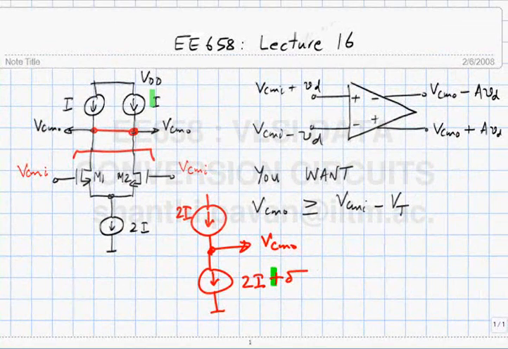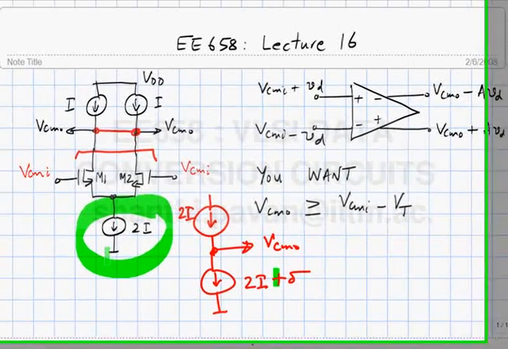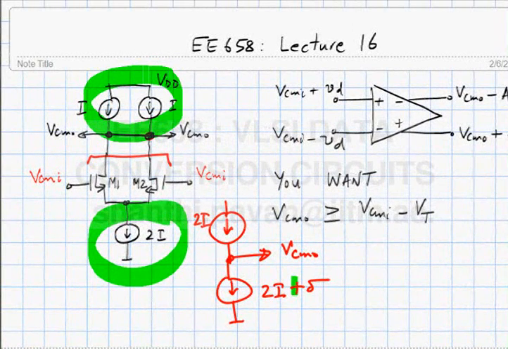The problem is happening because the pull down current sources and the pull up current sources are independent of each other, right? Because these are independent current sources, the potential at this node cannot be set at all.